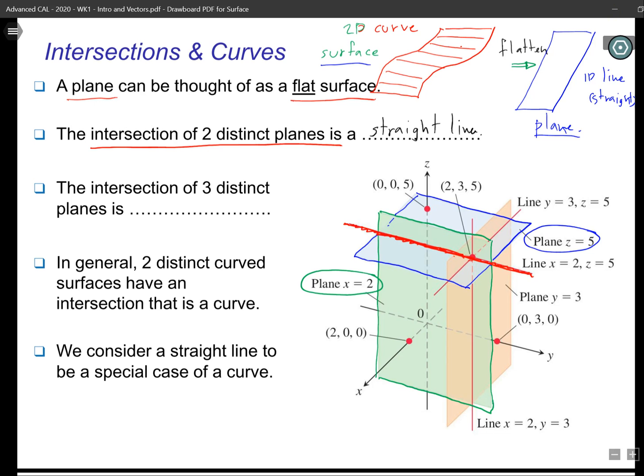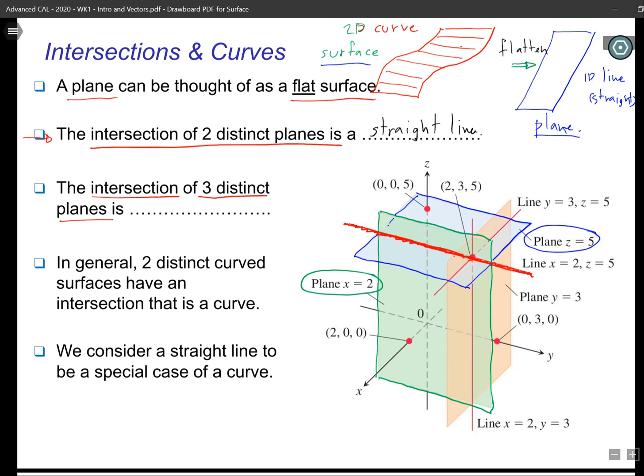We want to know what happens when three planes intersect one another. We are talking about three planes intersection. So we are going to work on this step by step. What about we intersect two planes and then we use the result to intersect another plane? From number 2, we know that when two planes intersect, we get a straight line, right?